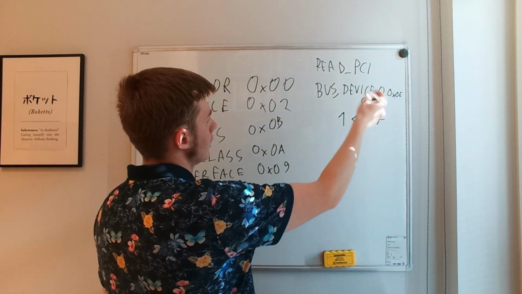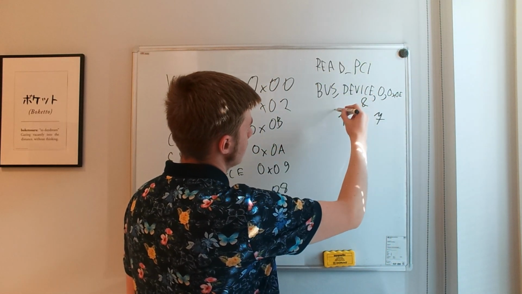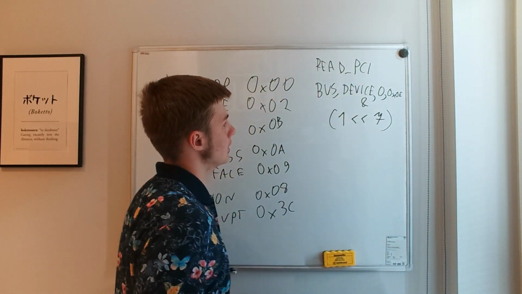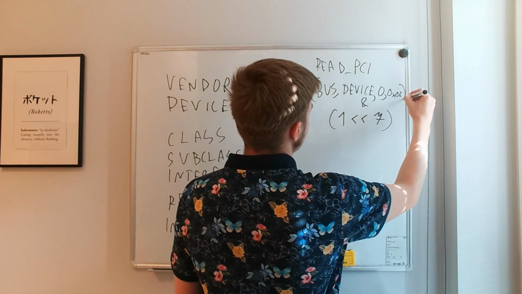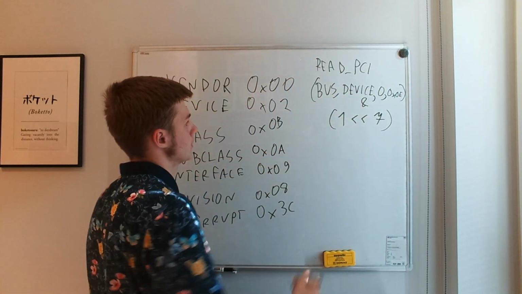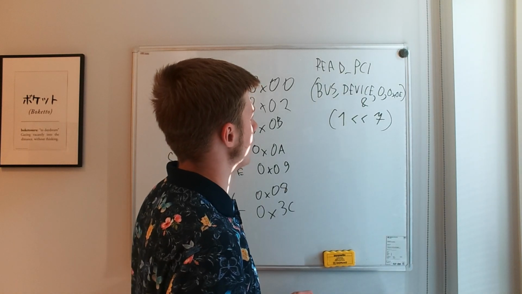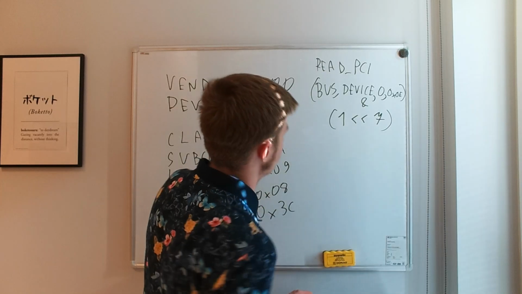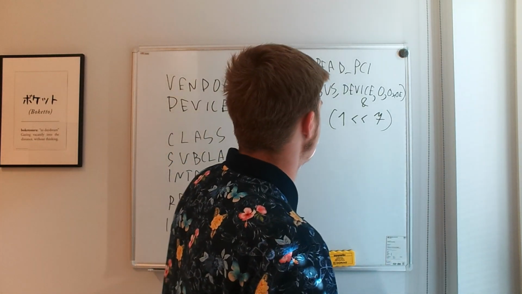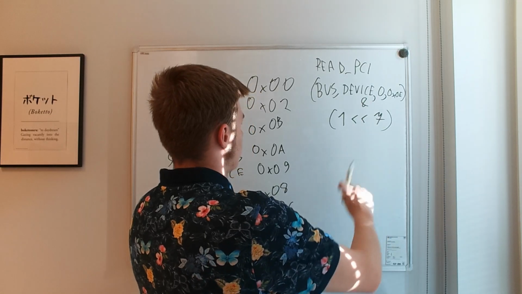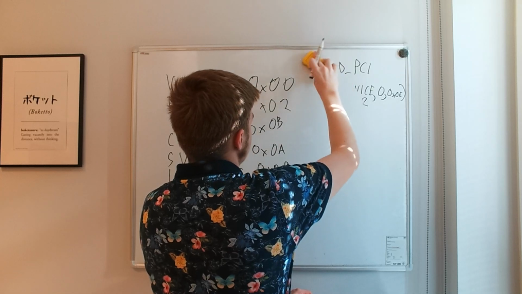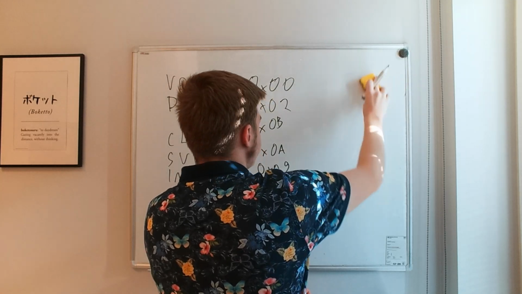You can return read PCI and everything, AND it with this, and if this expression is going to be true, you can return this expression. If it's true, then it is multifunction, and if it's false, then you know that it only has one function or 0 functions, so the device doesn't even exist.